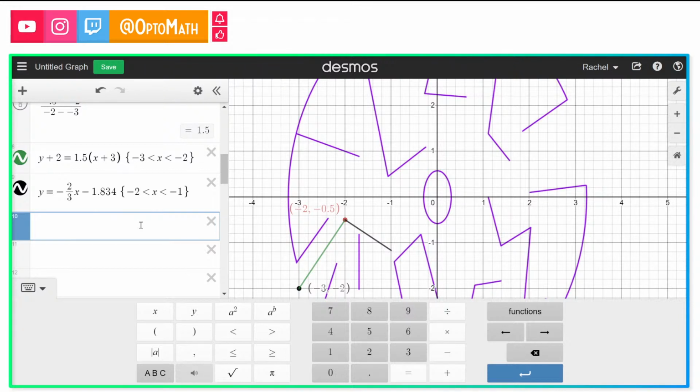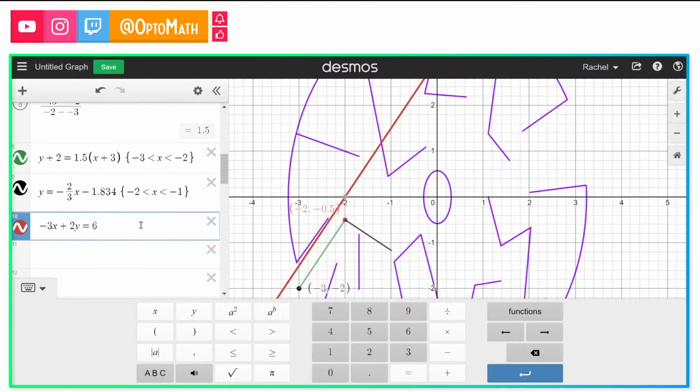So it should be a negative 3 for the a, and the b should be 2. I think I'm doing that right. Let's try it. Uh-oh, not x, y. And let's just put it equal to a number first. Yes, you can see that they're parallel.